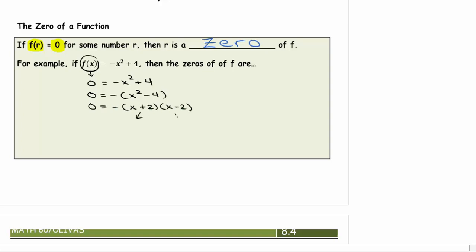And then I could set each one of these factors equal to 0. This is the zero product property. And then I can solve each one of these equations. So I get x is equal to -2, and x is equal to 2. Thus, those are the zeros. So the zeros of f are going to be -2 and 2.